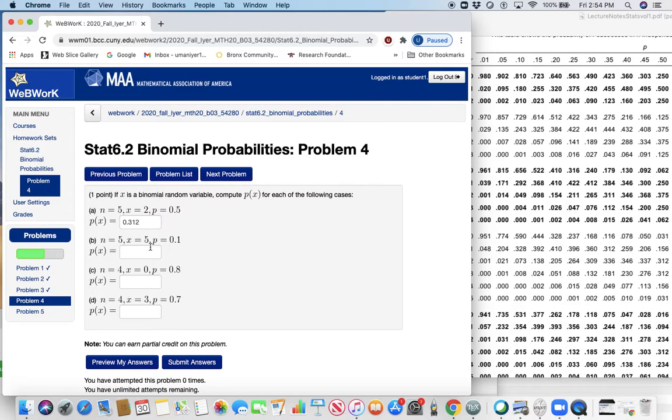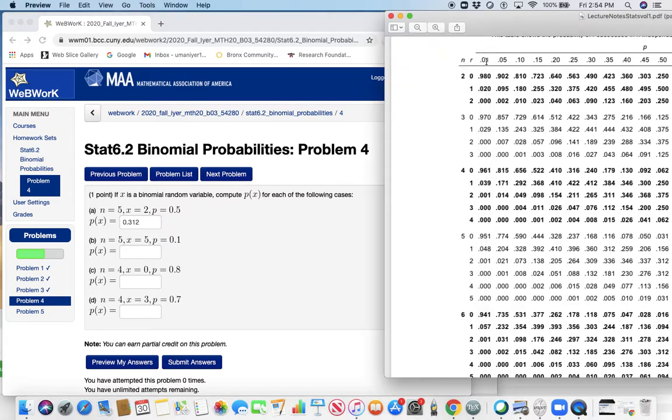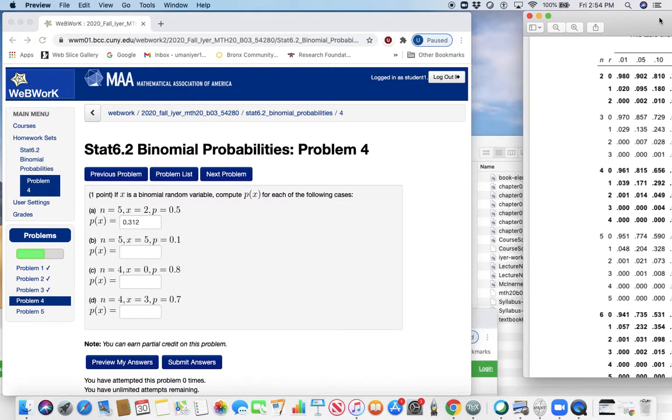N is 5, x is 5, p is 0.1. So I'm looking at p is 0.1, that column. N is 5, that's the block of numbers. X is 5, so you want 5 successes. 5 successes happens with 0 probability.